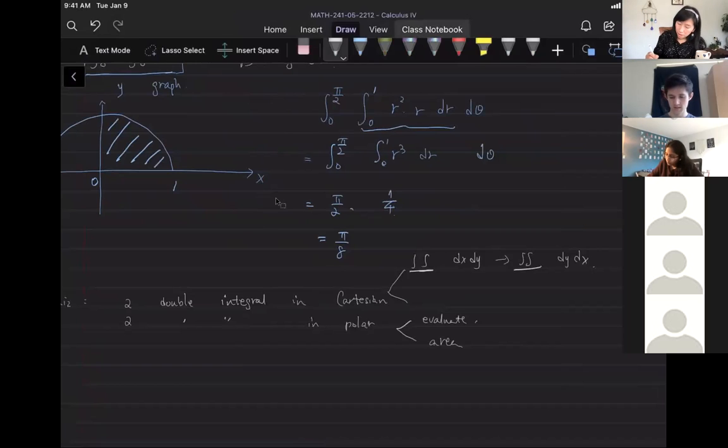Oh, okay. 2 ways. So it's like type 1 and type 2. It just means dx dy and dy dx. So given region R, you just give me 2 ways to write down the double integral. You don't need to solve, just write down the double integral. I think those are all the quiz problems we're going to have tomorrow.